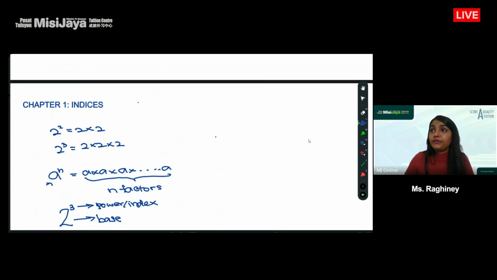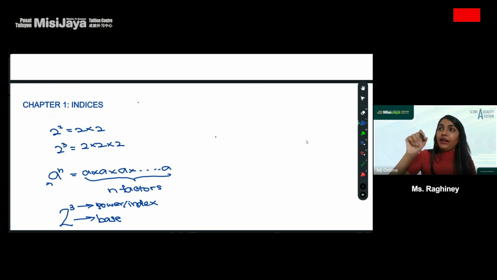So, teacher, if a question asks, for example, what's the index notation of 64, then we can use the calculator, use square root, cube root, but you have to know what root you want to take, right?